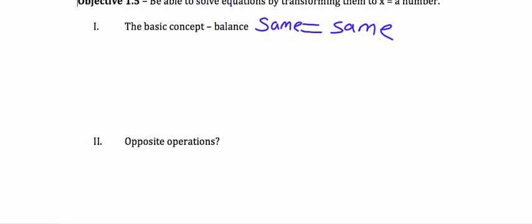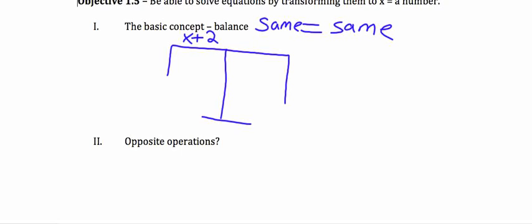Okay, and the basic concept here is if they're the same, I like to think of it as balance. So let's say that we have the equation x plus 2 equals 5. That means if you take the value of the variable x and you add it together to 2, the value of 2, you will get a value of 5.